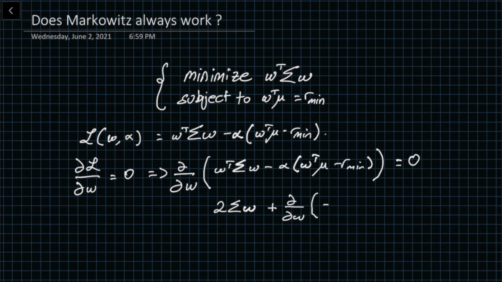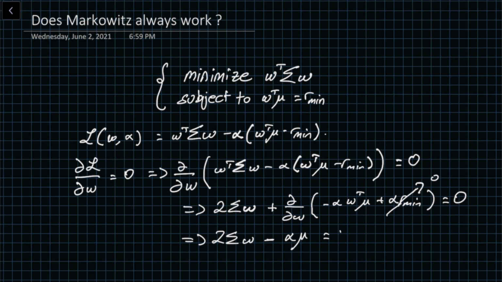We get minus alpha W transpose mu plus alpha R min equal to 0. Performing the partial derivatives on the second term, this part goes to 0 because it's independent of W, whereas the other gives us a minus alpha mu, that is 0, okay?